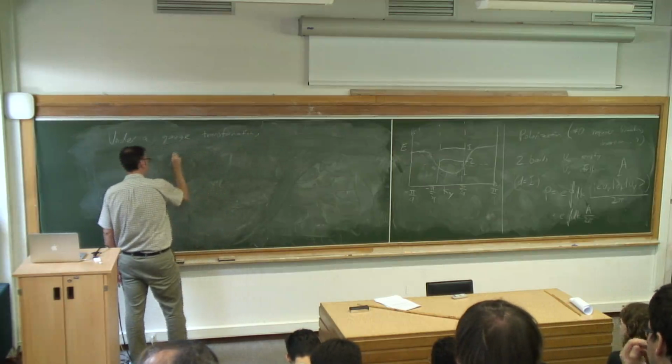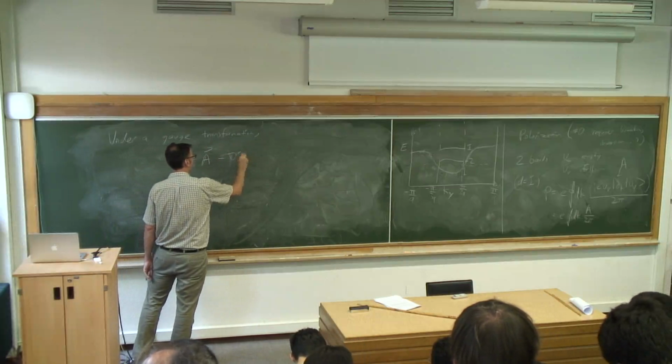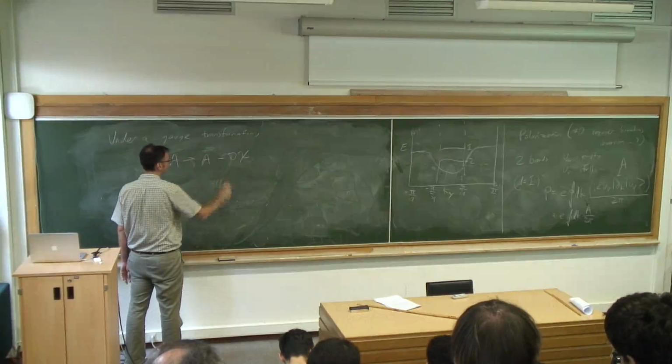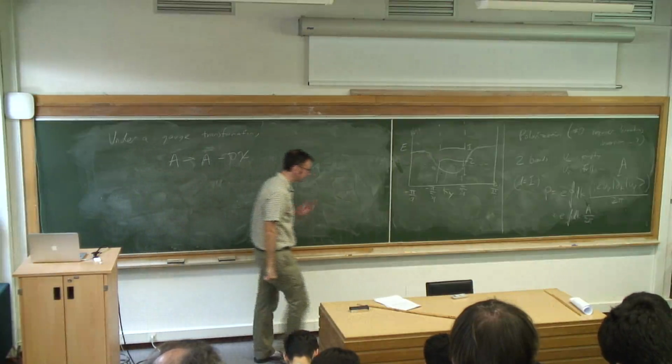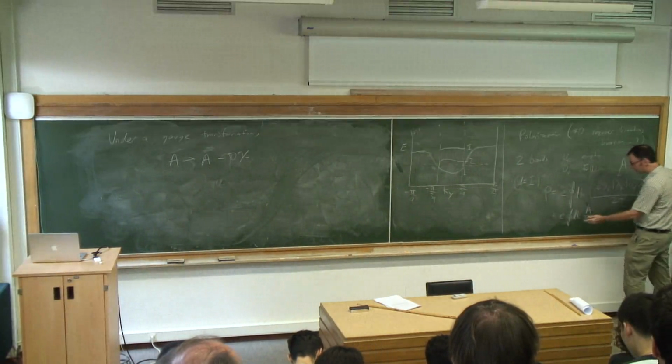So we've got A goes to A minus grad chi. Let's stick in one dimension, so everything's easy. Well, that's a gradient with respect to k.